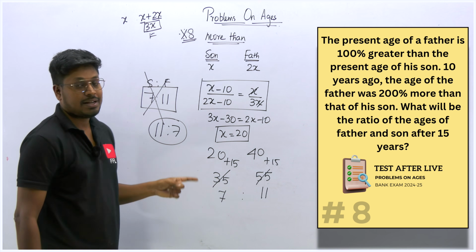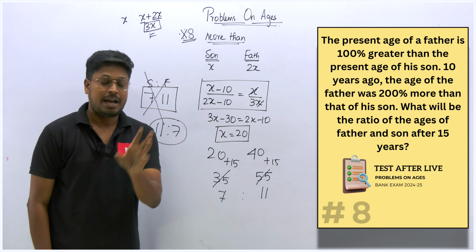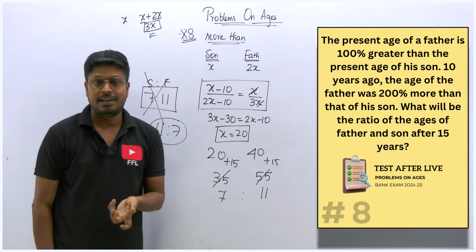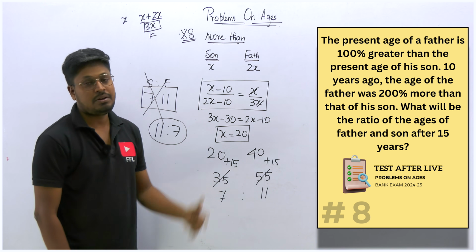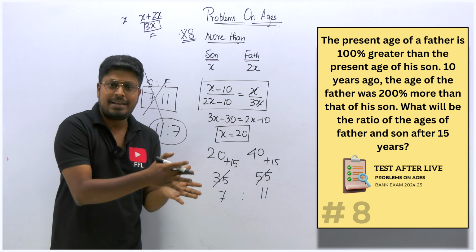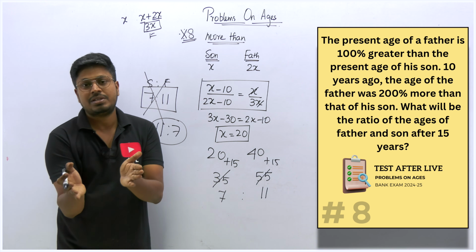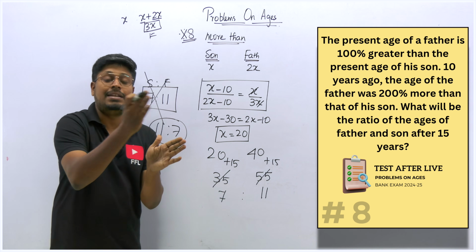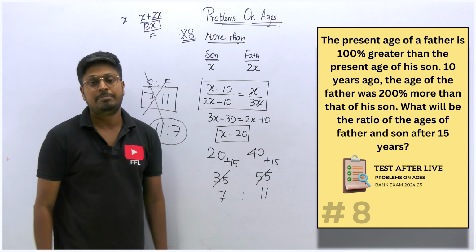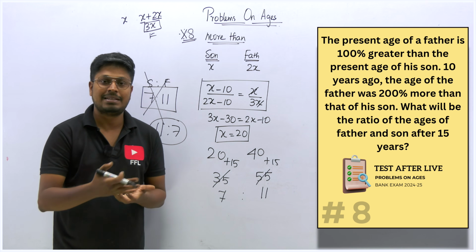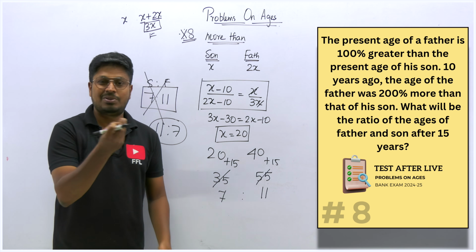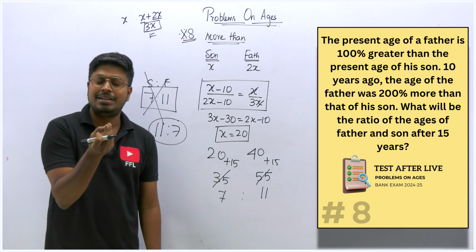Even in the revision class I have told you not to make this mistake. After finding the ratio or after finding the age, once again check with the question. Whether they are asking the present age or the past age or the future, or they are asking a ratio for son and father or father and son. That is important. In the exam, usually in the prelims, we make a mistake because there will be only 1 or 2 minutes to solve a question.